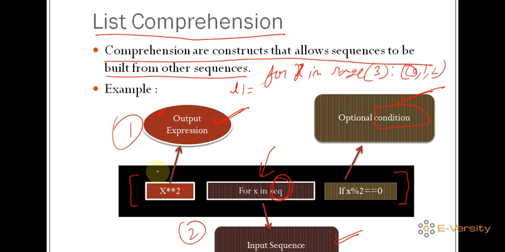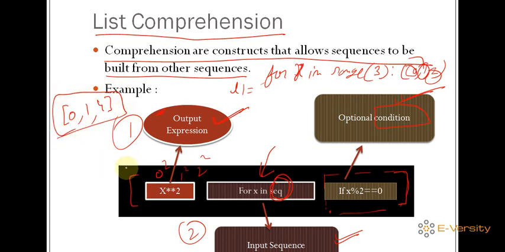The value of x is 0, so 0 to the power 2 is 0, creating 0 in the sequence. Again it takes 1 into x, so 1 squared is 1. Again it takes 2 into x, so 2 squared is 4. So I am creating a list of the square of every number.